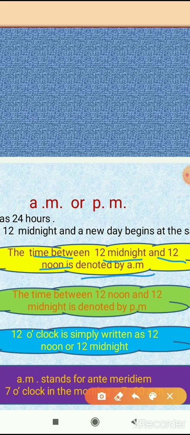So whatever time we denote from 12 midnight to 12 noon is denoted by AM.